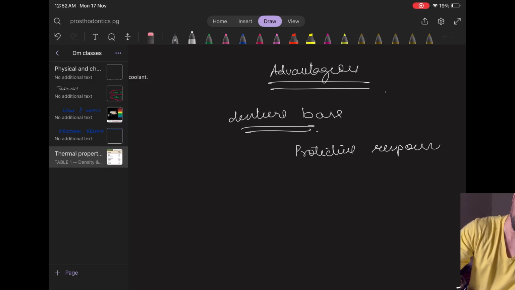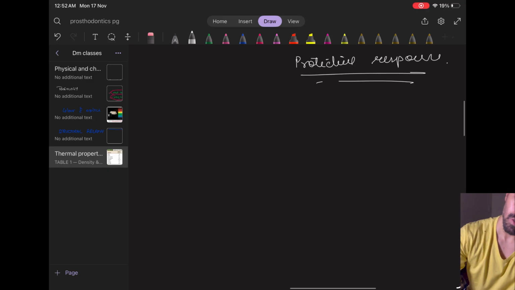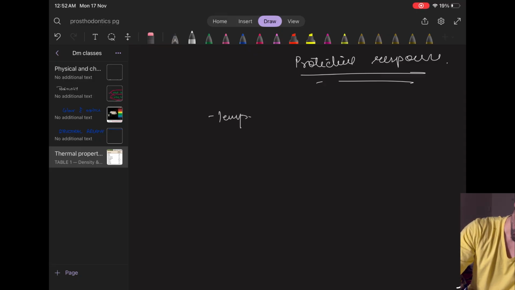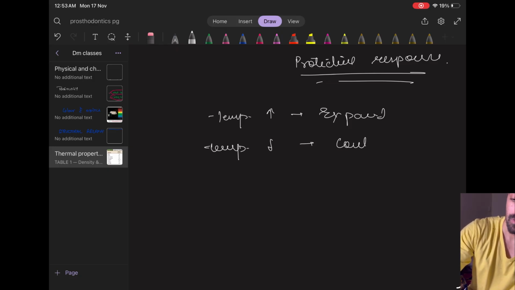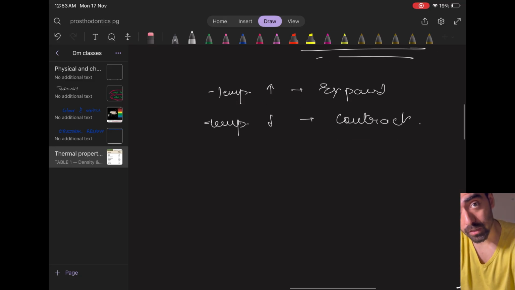So then it becomes an important property. Also, you must remember that whenever the temperature is increased, there is a propensity to expand, and whenever the temperature decreases, there is a propensity to contract. This must be taken into consideration.